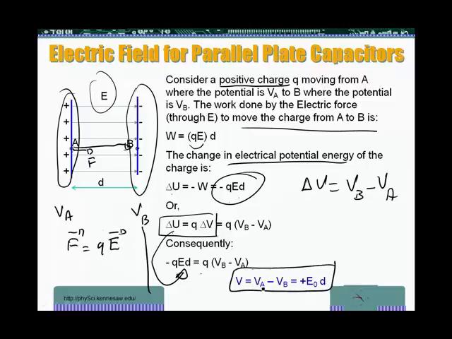The voltage difference between A and B is equal to E times d. Now remember, the voltage is higher at A, so VA minus VB is plus E times d. I'm not sure why I wrote the 0 here. It's not meant to be. It's the electrical field between the plates, or E is equal to the voltage across the capacitor over d.